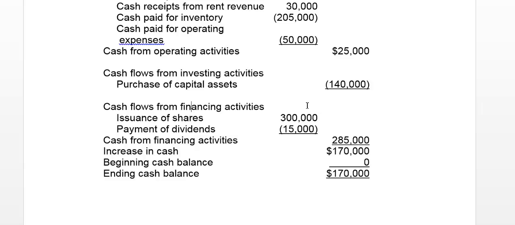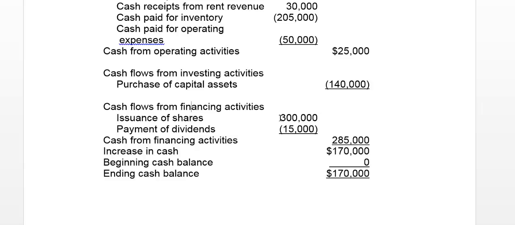Well, that's a source of cash for you from financing because your investors are financing your business, right? When you pay dividends, because we consider the money coming in when people buy our shares as a financing inflow of cash, then we consider any dividends paid back to those investors as a financing outflow.